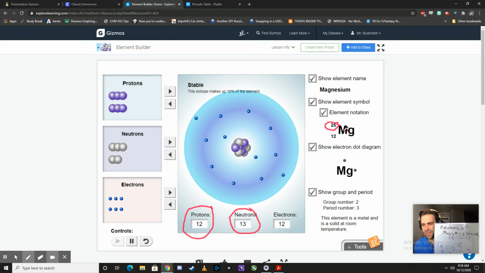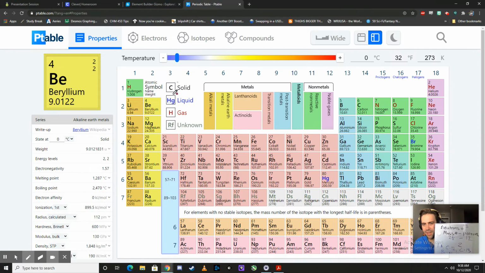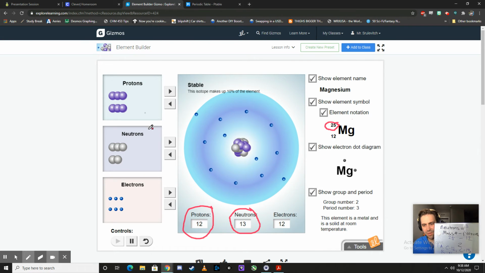Well, we can build it here by first building magnesium, which again has 12 protons. There's magnesium. Okay, so build 12 protons and add the rest neutrons until this gets to 25. And then that tells you how many neutrons you have.